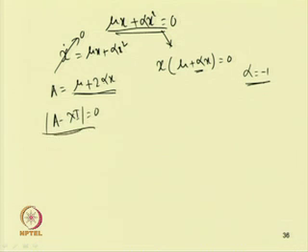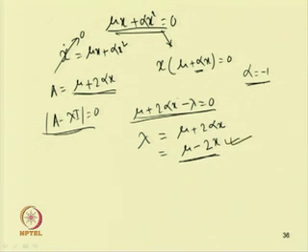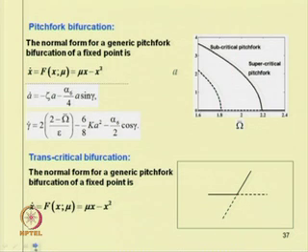As we have only one term, we can write mu plus 2 alpha x minus lambda equal to 0. So, the eigenvalue becomes lambda equal to mu plus 2 alpha x. As alpha equal to -1, lambda equal to mu minus 2 x. Depending on the value of mu, we can obtain different values of x, and we can study whether the branch is stable or unstable.